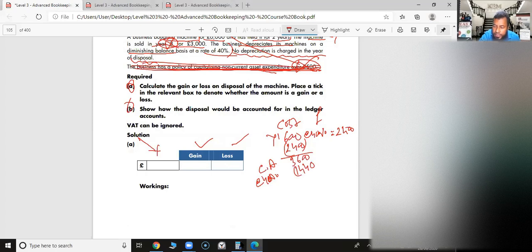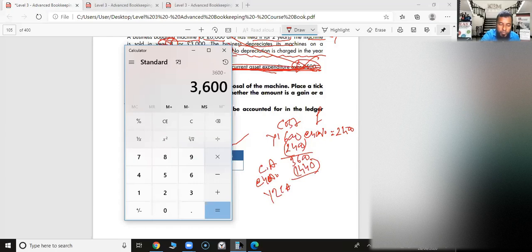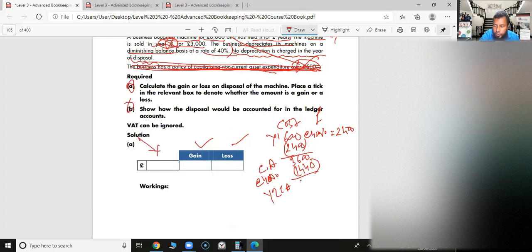That should be taken away from this figure. I should get my year two carrying amount, which I needed. 3,600 minus 1,440 is 2,160. That's my carrying amount.